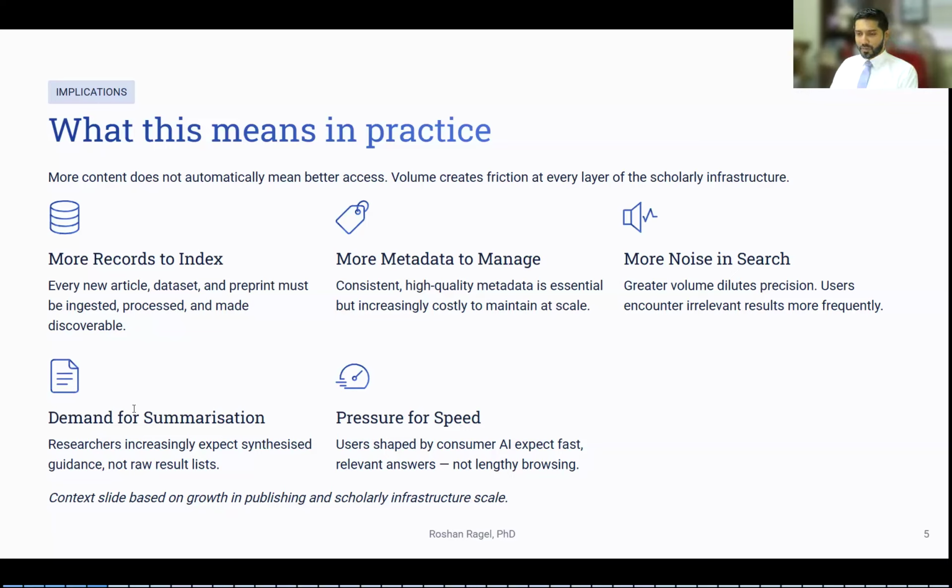Earlier, when you wanted to find information, we searched, and the search results were in the millions, and the users were responsible for synthesizing and summarizing. But in recent times with AI, that's changing. Now even the most popular search tools provide AI summaries of the search, and therefore there's more and more demand or requirement to summarize.